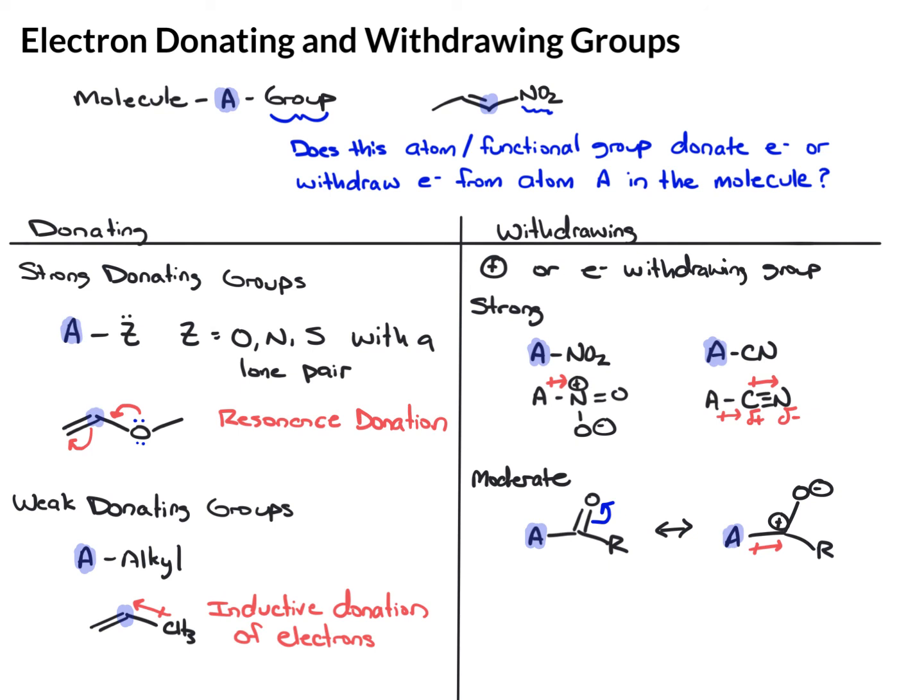And then finally, the weak withdrawing groups. These are the halogens. So despite thinking of halogens as being electronegative and things like that, they're not super strong withdrawers.